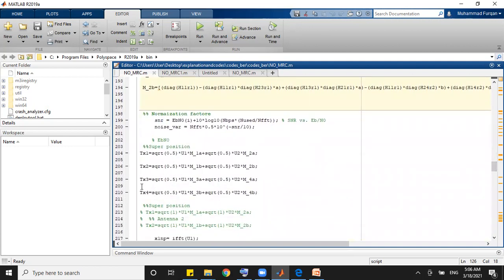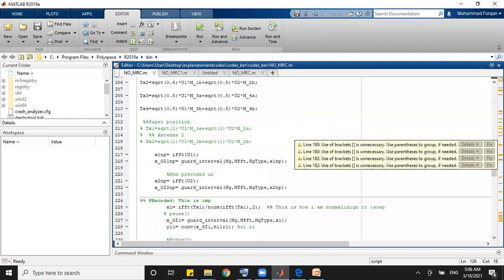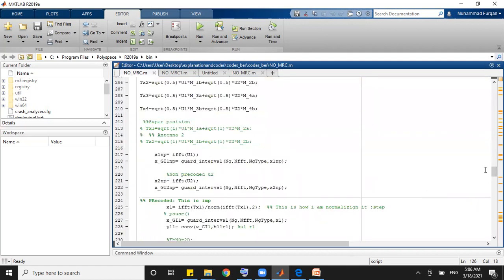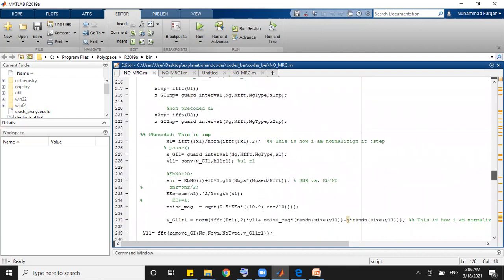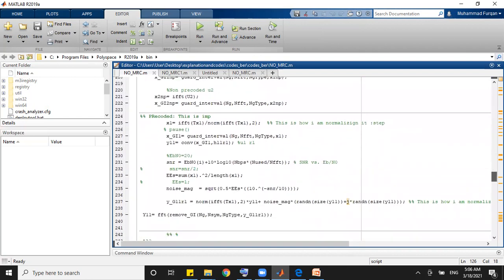Then we write the equations for the transmitted signal from antenna 1, antenna 2, antenna 3, and antenna 4 with superimposed precoder matrices as follows. Then we insert the guard interval, and here is the final received signal at user 1 from antenna 1.